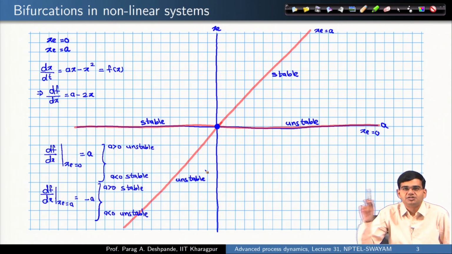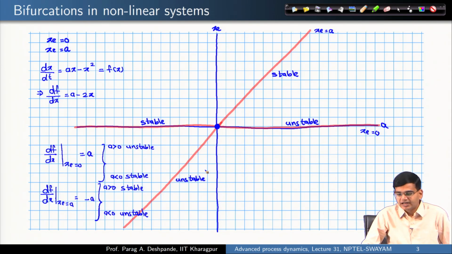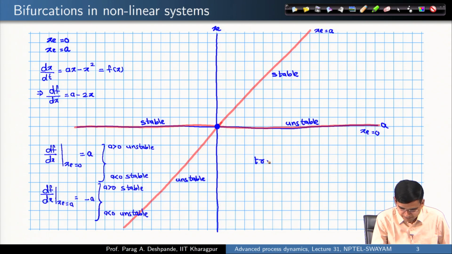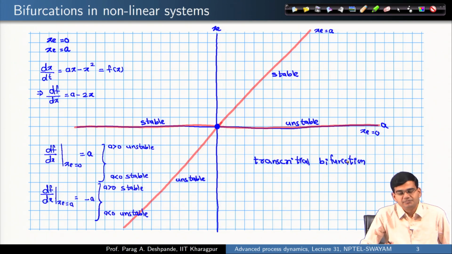So, you go from stable to unstable, or unstable to stable, passing through one specific point, and therefore, the bifurcation diagrams of this nature are called transcritical, and the bifurcation is called transcritical bifurcation. Okay. So, the bifurcation diagram shown here is called transcritical bifurcation.